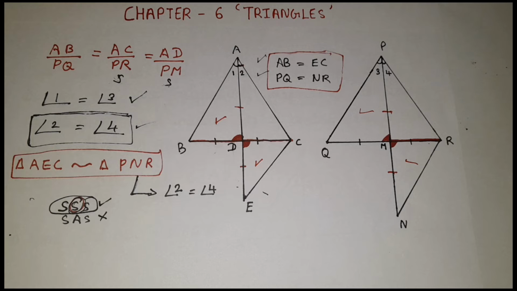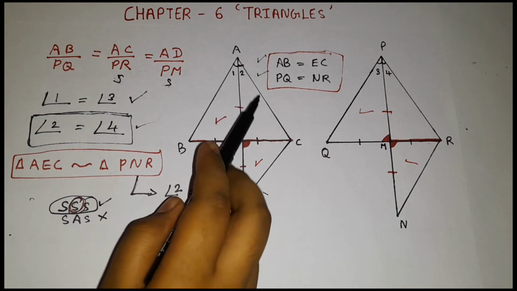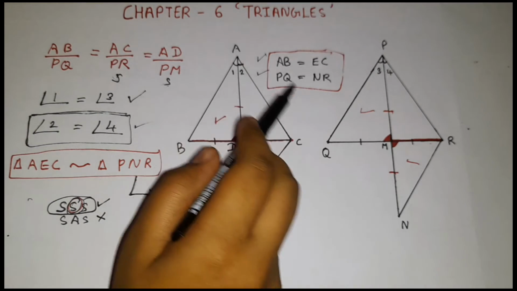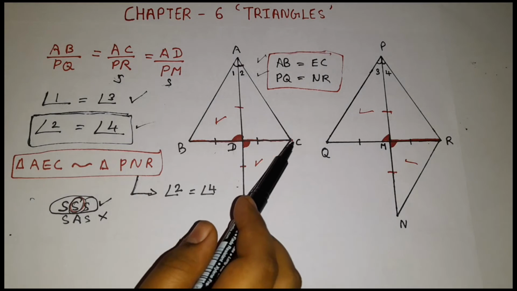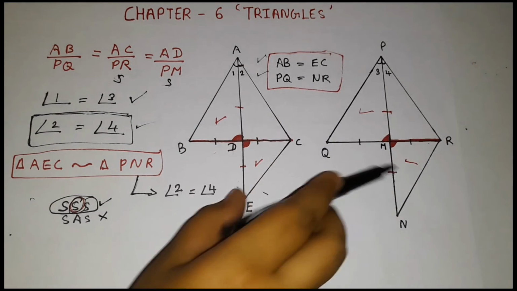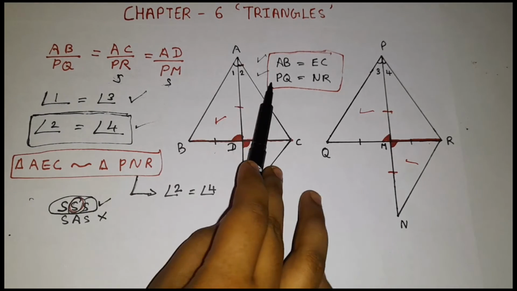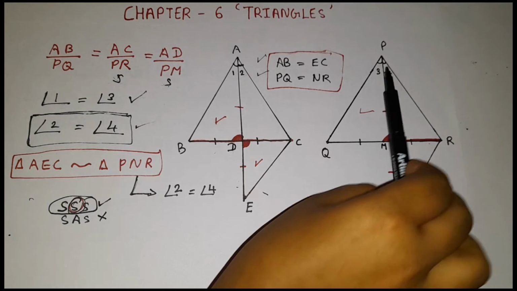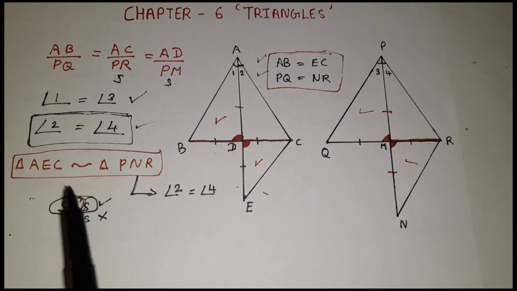For what purpose did I prove it is congruent? For getting these values. Where am I going to use these values? For proving triangle AEC is similar to triangle ANR, these two big triangles, the whole entire triangle and this whole entire triangle. Why?